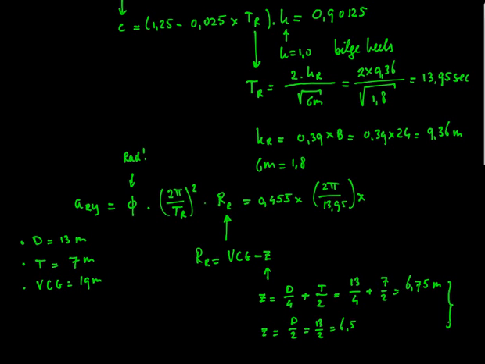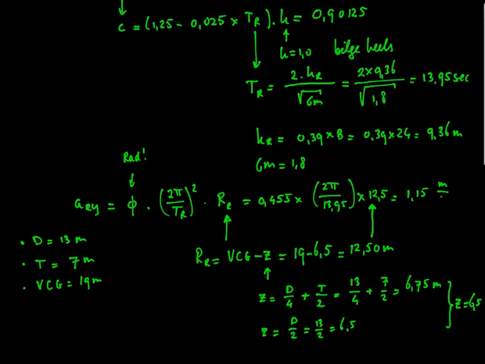And then the manual says to take the smaller one of these two values, so this is 6.5. So here we have the vertical center of gravity, which is 19 meters minus 6.5, and then we have an RR of 12.50 meters.